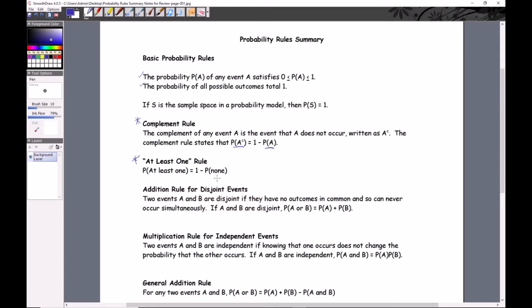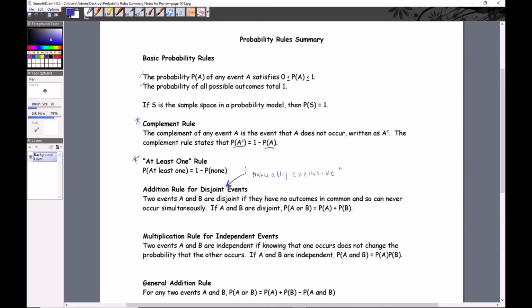Okay? All right, the next thing is your addition rule for disjoint events. It says 2 events are disjoint if they have no outcomes in common. Another thing that we can use for that word disjoint is mutually exclusive. So it can be put to you either way.